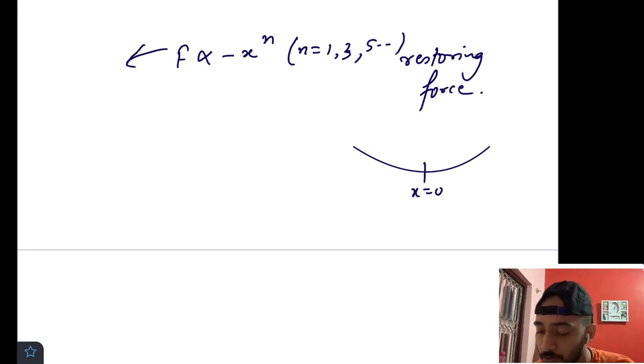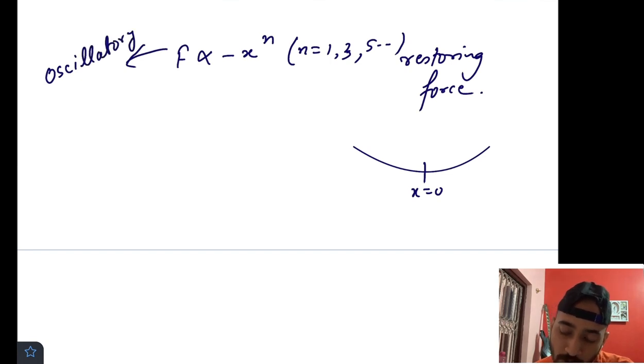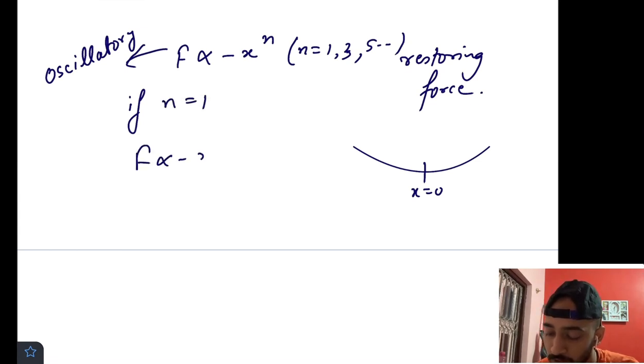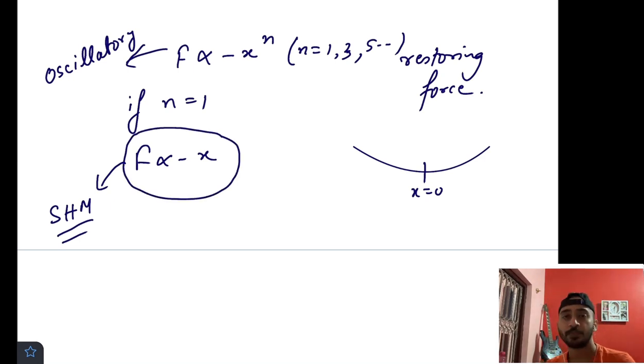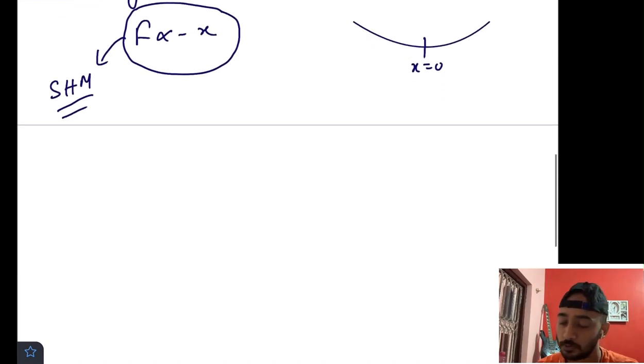Okay, so if this kind of force acts on a particle, then the motion would be oscillatory, and if n is equal to 1, then F will be minus x. So if this kind of force acts on a particle, the motion of the particle will be a simple harmonic motion. Okay, so this special type of force must act on a particle to perform simple harmonic motion.